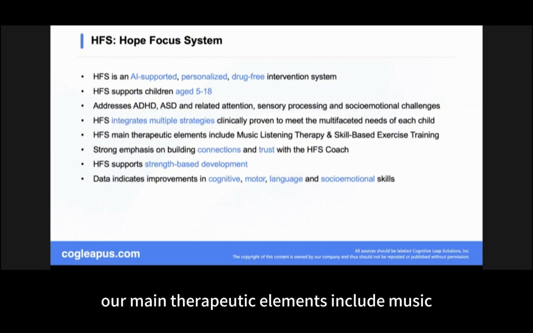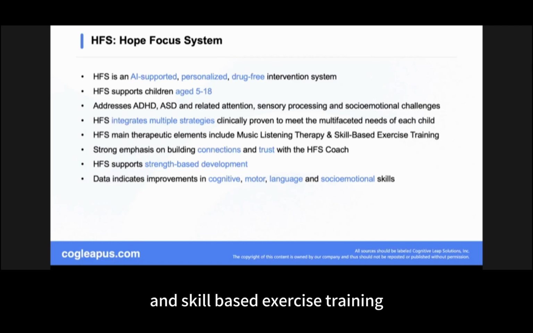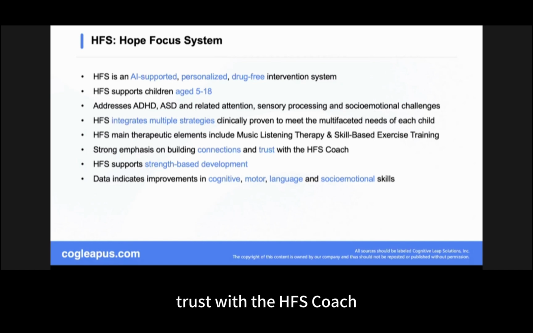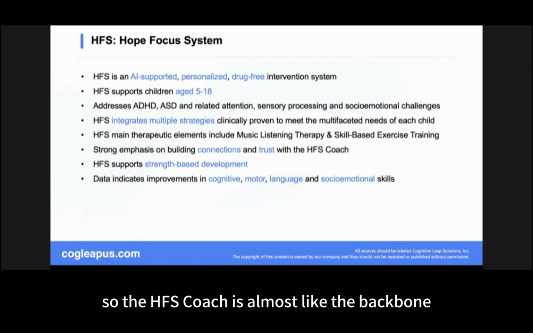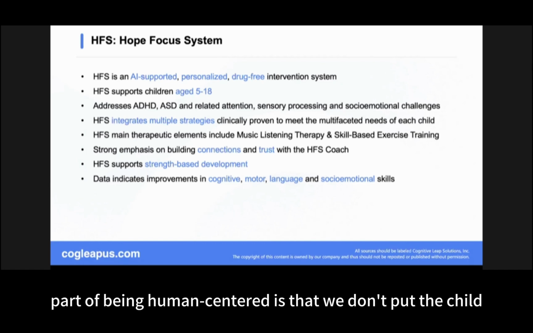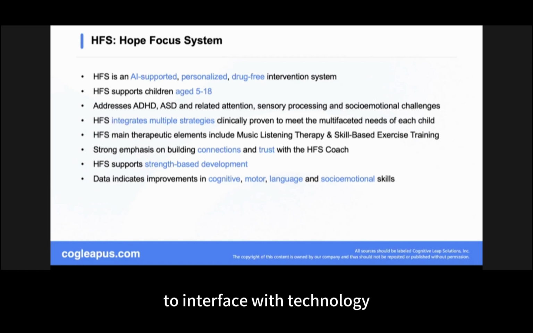Our main therapeutic elements include music listening therapy and skill-based exercise training, and we combine that with a strong emphasis on building connections and trust with the HFS coach. So the HFS coach is almost like the backbone of the intervention. And part of being human-centered is that we don't put the child to interface with technology.